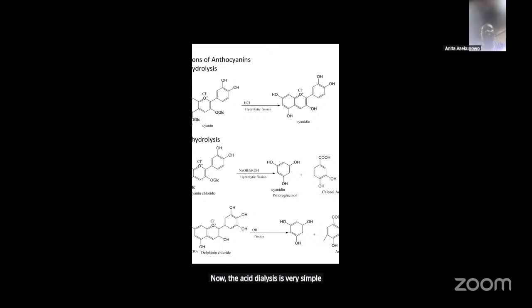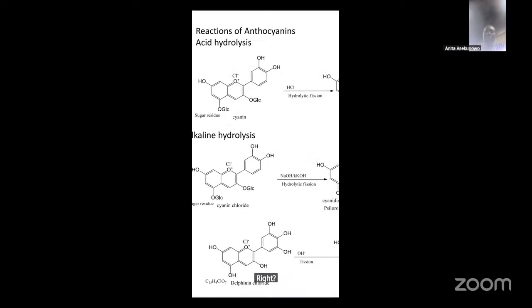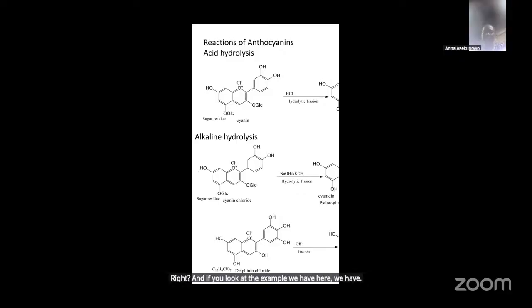We have a little more challenge when you talk about alkaline hydrolysis. You can use the same anthocyanin to show both acid and alkaline hydrolysis. In the example we have here, we have cyanin, and cyanin chloride is the same thing.